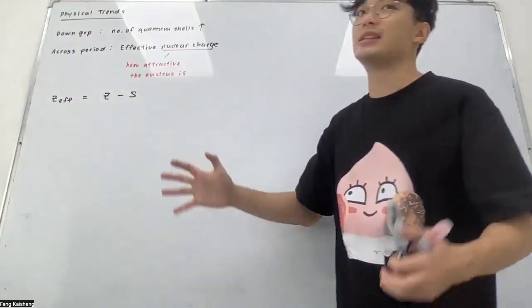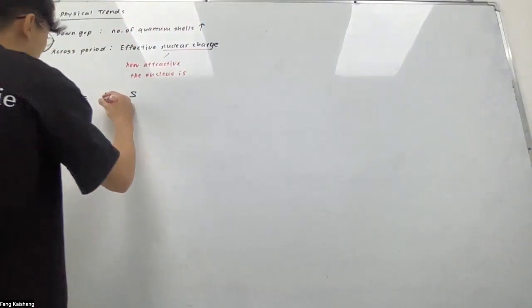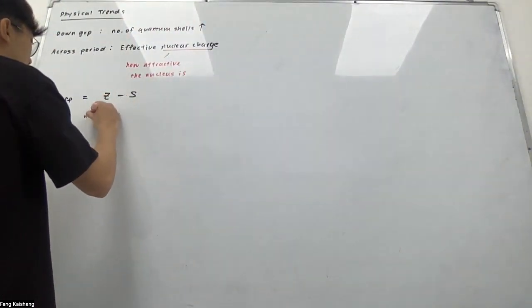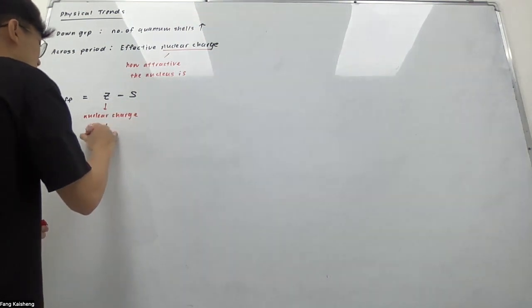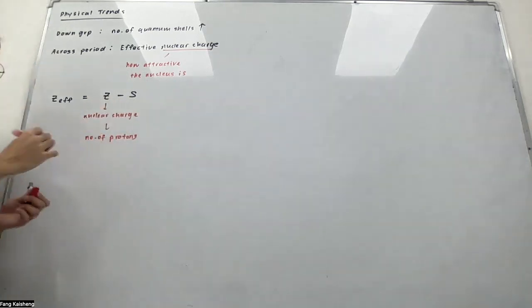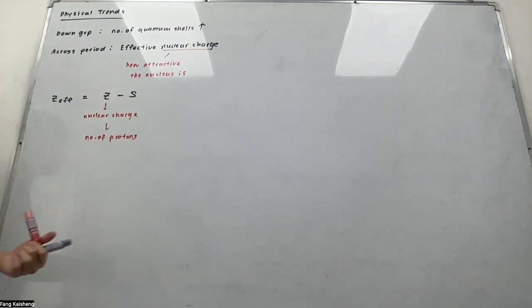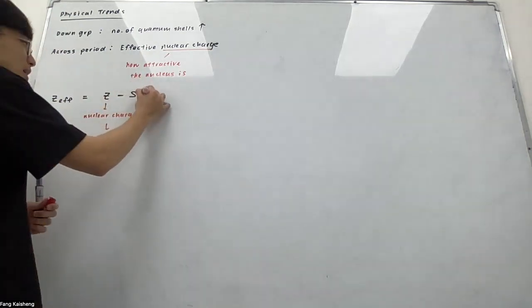It's just to help us understand and compare the different factors, to help with our reasoning later on. Nuclear charge is affected by the number of protons. If an element has a lot more protons, then clearly the nucleus is more attractive. Make sense? But then what is shielding effect?